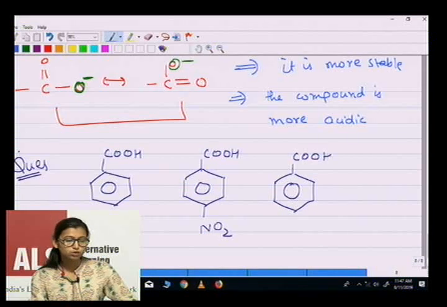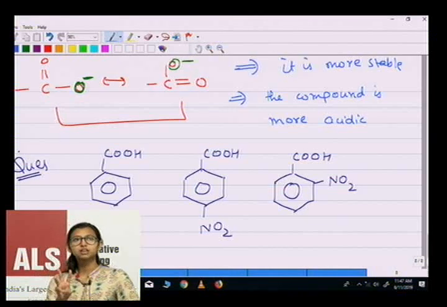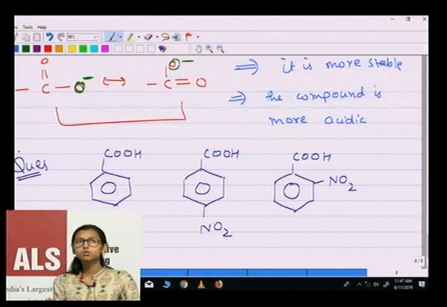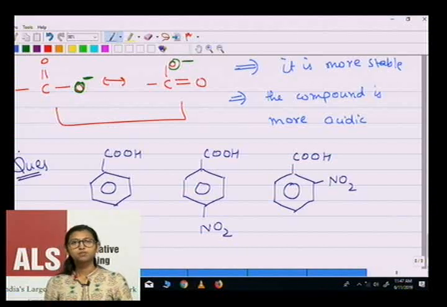Obviously, if I give you only the first and the third compound, all of you will say, ma'am, the third is the more acidic one, right? Because it's the ortho-substituted. But try with the para position also. So you have 1, 2, 3, three compounds there.